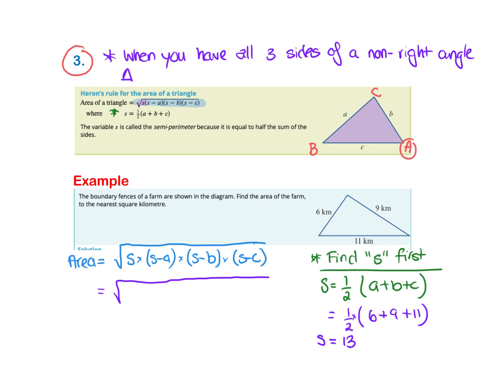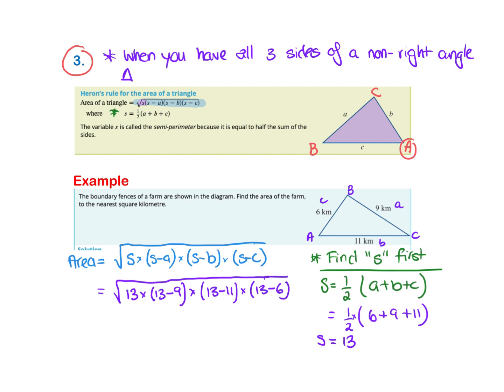Then we write underneath 13 times, and open a bracket, 13 minus A. If I label this A, B, C, so this is little a, this is C, and this is little b, it'd be 13 minus 9 times 13 minus, what's b? 11, times 13 minus 6.